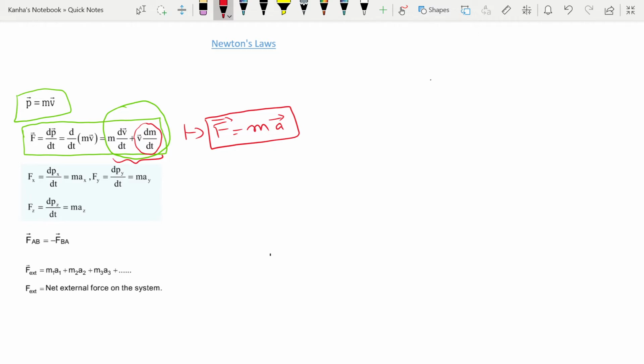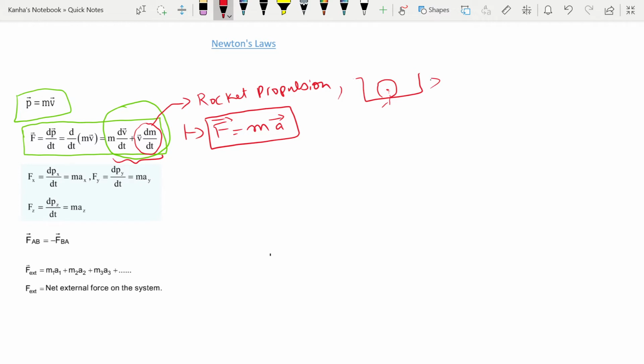What are the cases in which the variable mass has been asked? One is the case of rocket propulsion. Or another famous question includes a cart on which some weight is kept and there is a hole in the weight and some mass is constantly flowing out as the cart is moving.